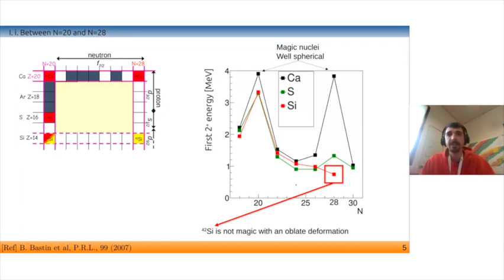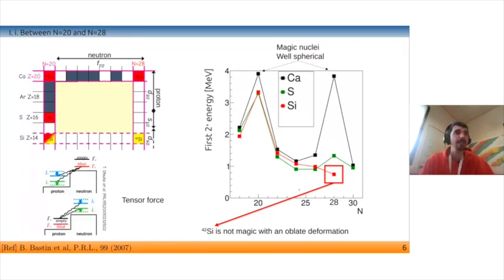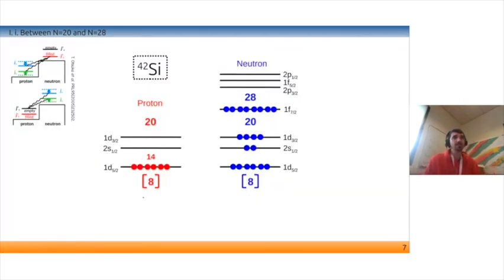So how can we explain this loss of magicity of silicon-42? Takaharu Otsuka started, in the beginning of the 2000s, to explain it by a strong monopole part, which is the tensor force. In silicon-42, the tensor force is explained basically by the number of neutrons and protons in specific orbitals.